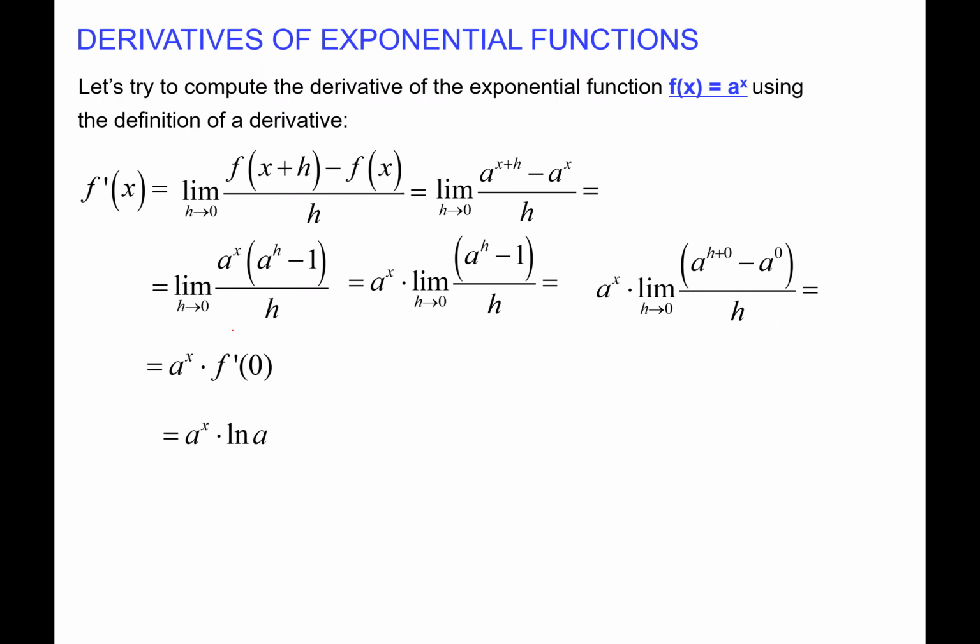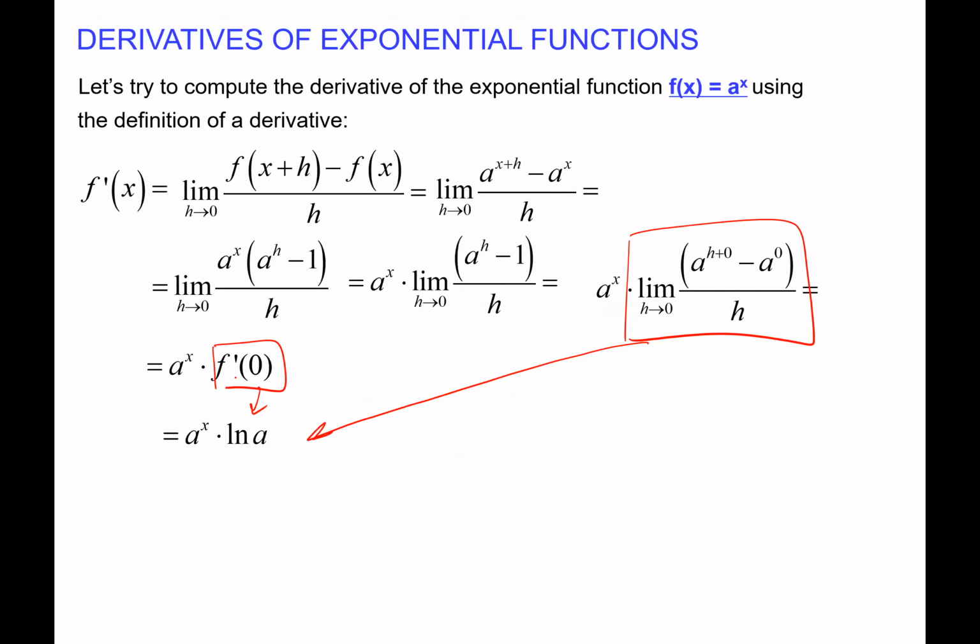And now we can say that this limit, which we just proved numerically, is just the derivative, but of course it is ln of a. The derivative at 0 of the exponential function is ln of the base a. And of course, that's the full formula.